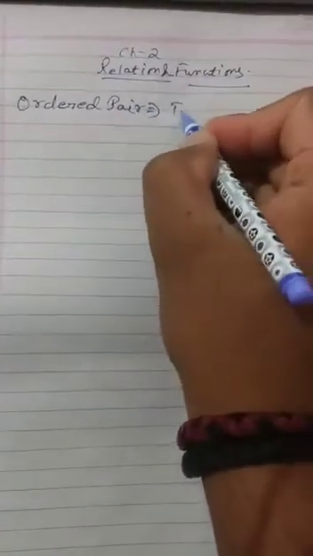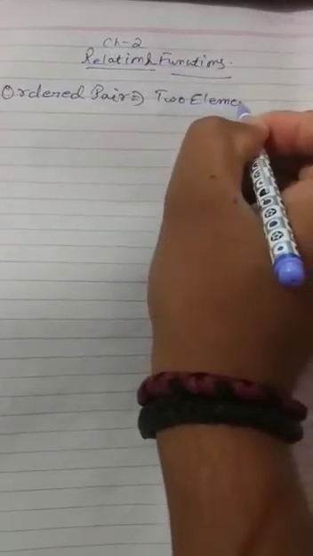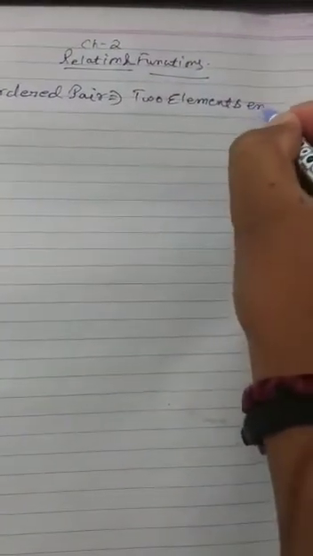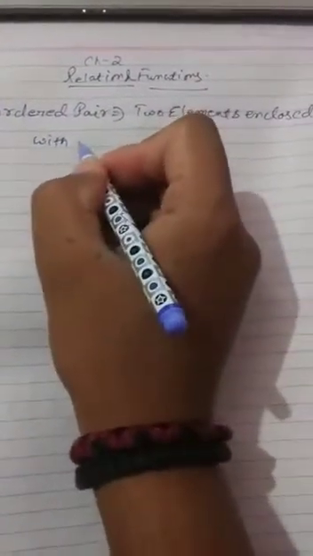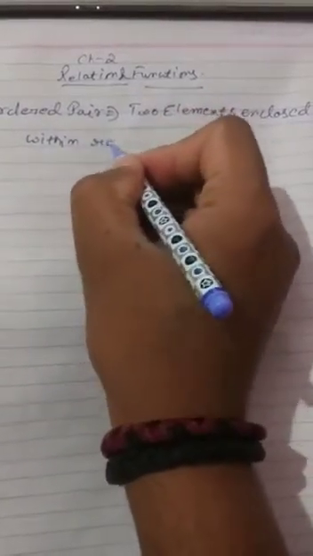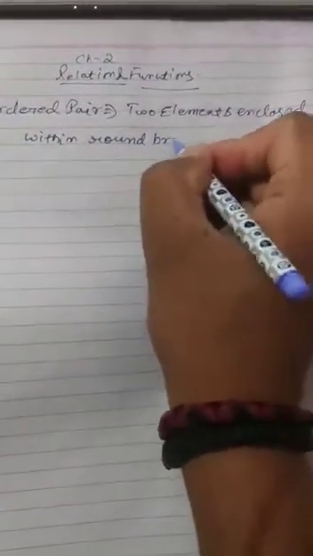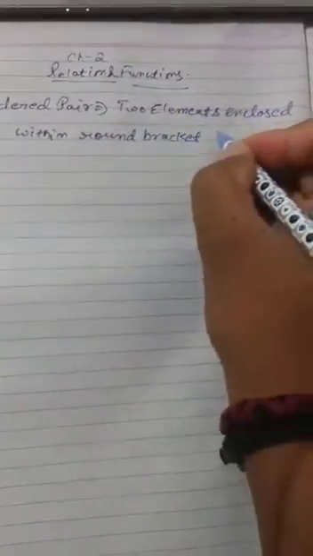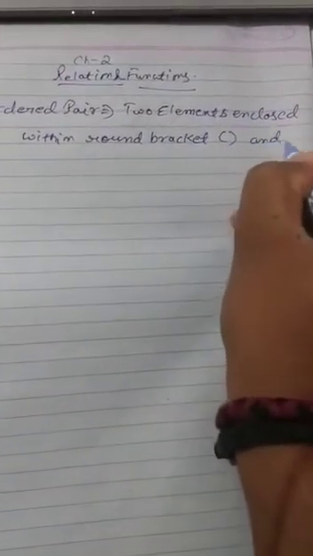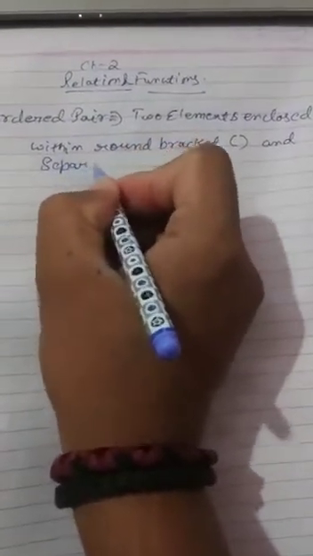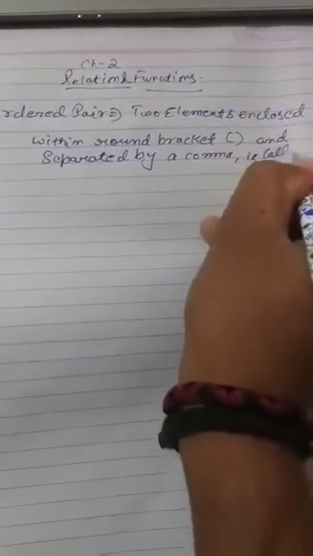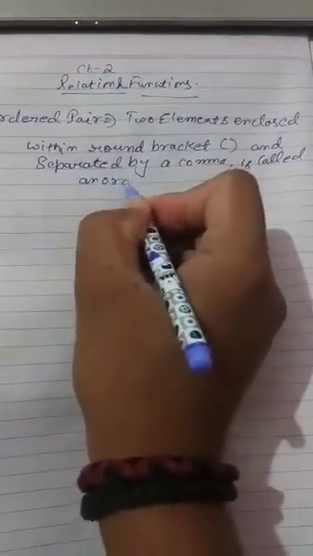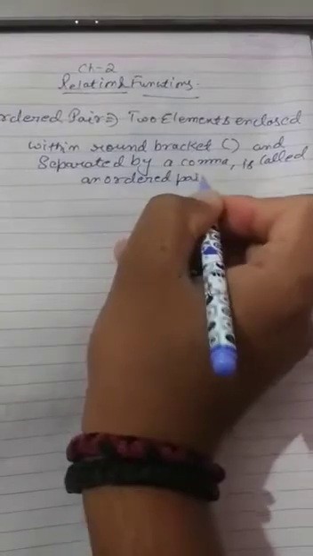It is simply defined as two elements enclosed within a round bracket, just see like this, and separated by a comma, is called an ordered pair.